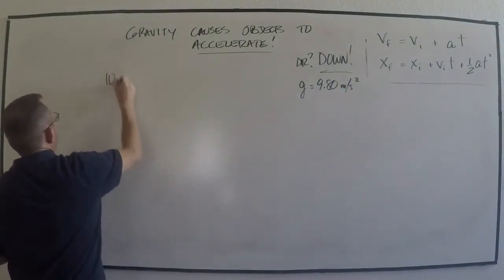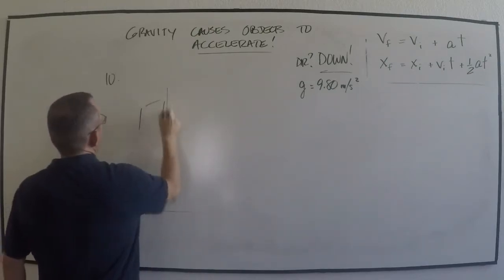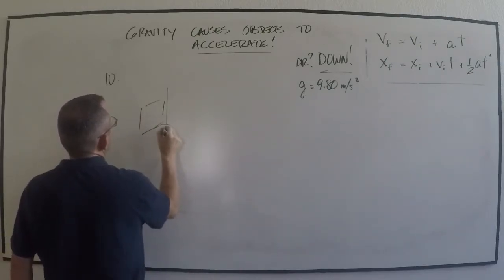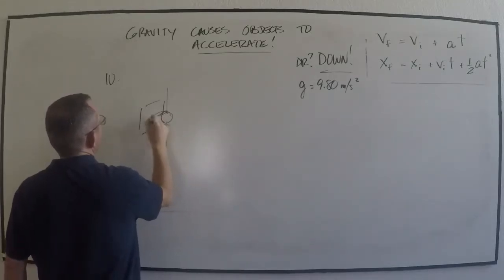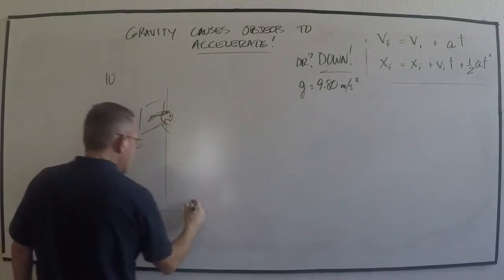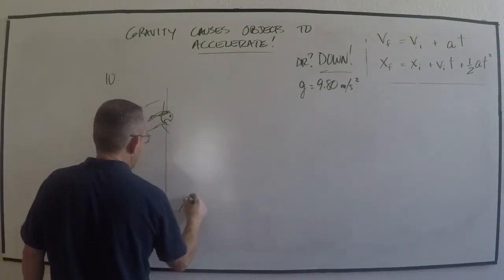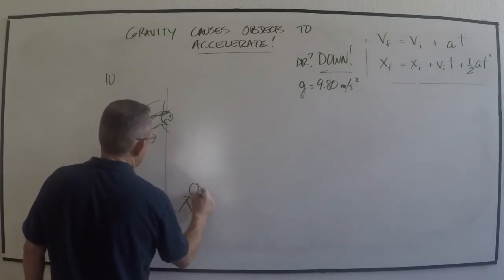So, number 10, our picture looks like this. We've got a window here. This girl is hanging out the window, building going through her head. She's like, throw me the keys. And this girl down here is like, I will throw you the keys. The keys are going to be in her hand here.